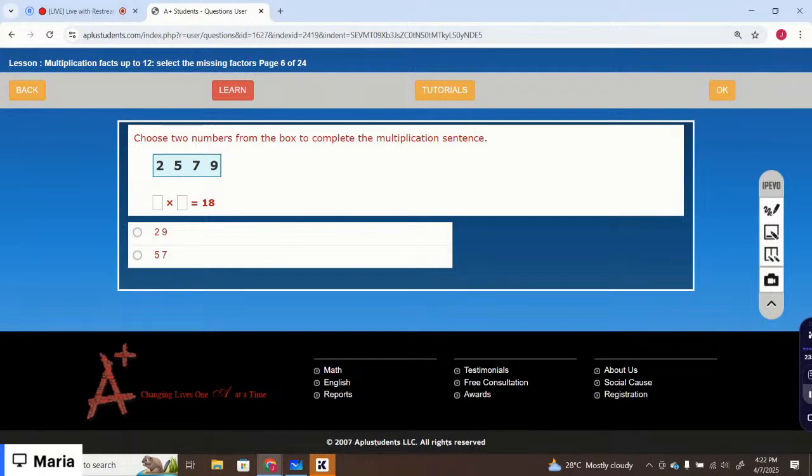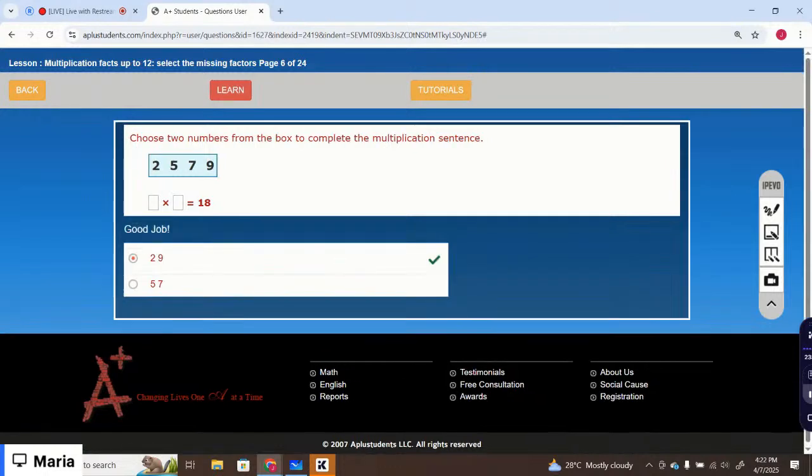Choose two numbers from the box to complete the multiplication sentence. That is 2 times 9 is 18. Option number 1 is the correct option.